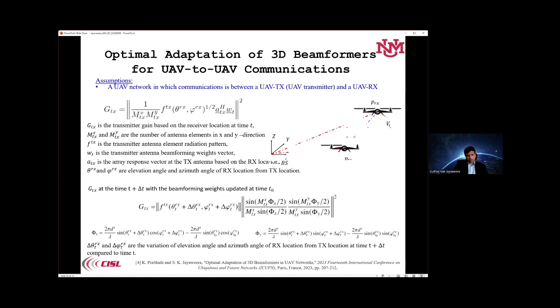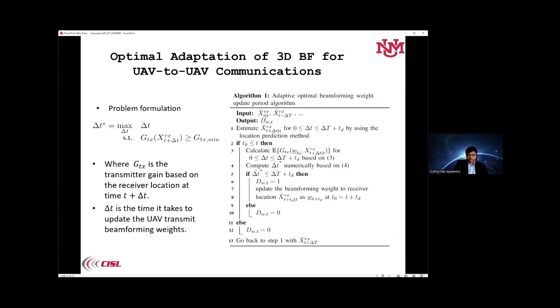So you can essentially formulate this problem as maximizing the time period that you can keep your beamformer gain above a certain minimum required gain. So when the beamformer gain falls below that required minimum threshold, you want to adapt the beamformer weights.